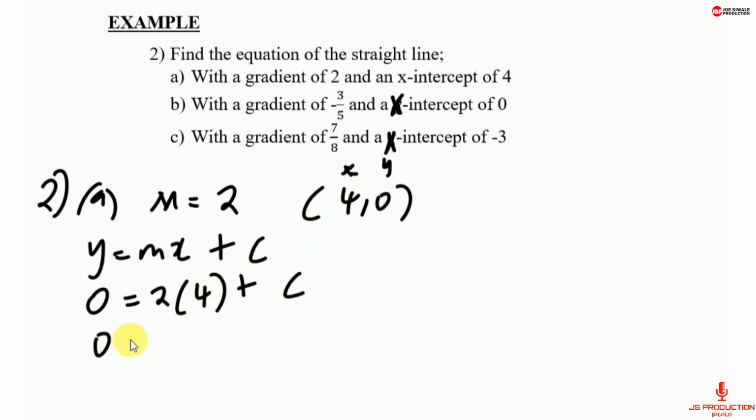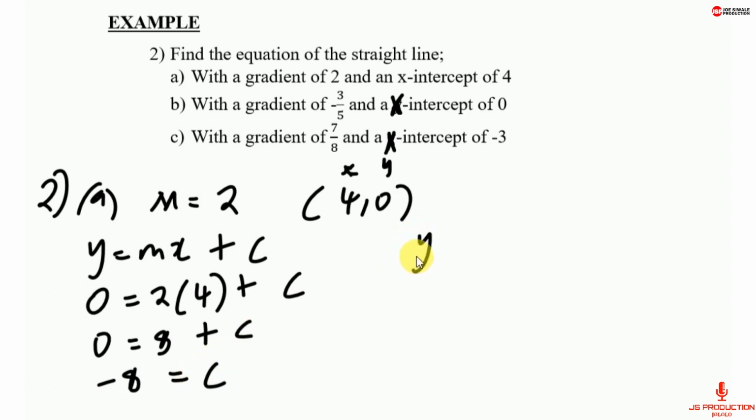So we're going to have 0 is equal to 2 multiplied by 4, that's 8, plus c there, and we can move 8 to the other side of the equation, so that's going to be negative 8 is equal to c.